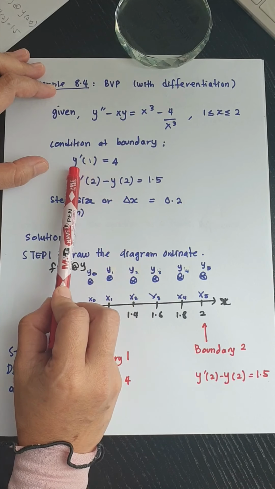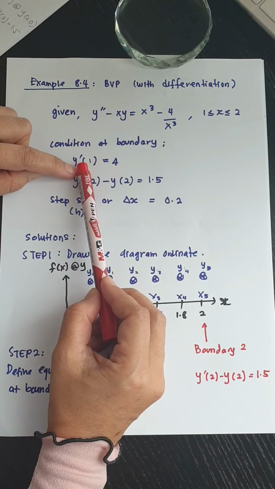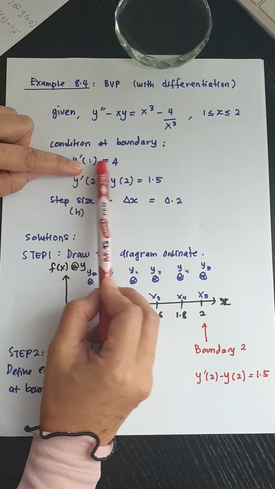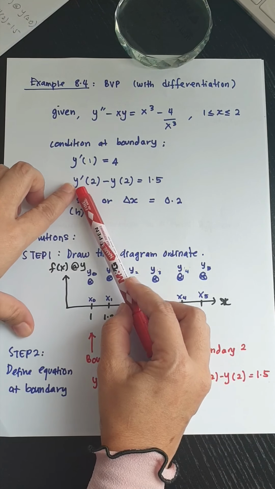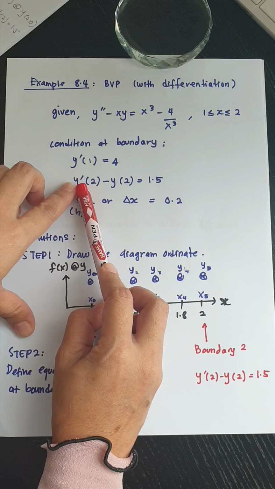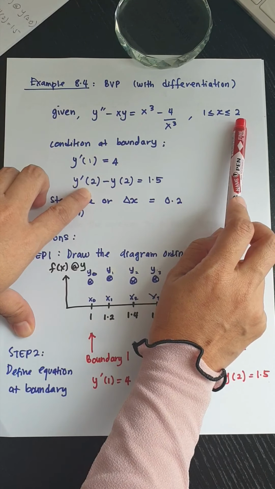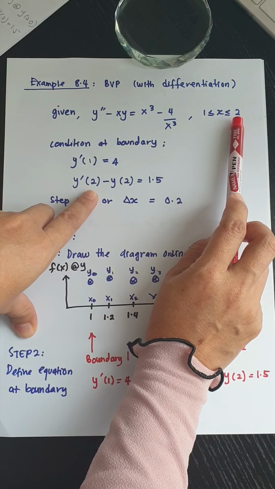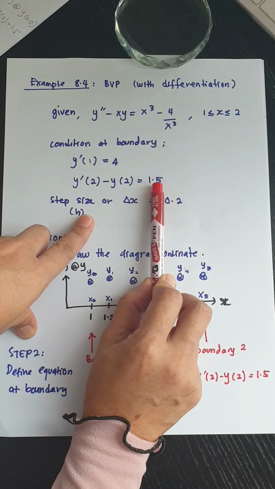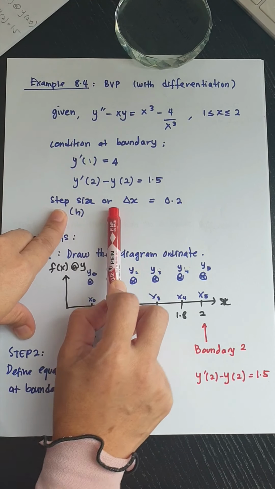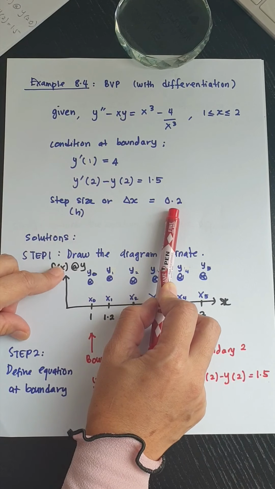At the boundary, you have the condition at the first point, or the start point, y prime at x equal to 1 is 4, and the condition at boundary 2, or the end point, is y prime minus y equal to 1.5. And the step size, or the h value, for this equation is 0.2.